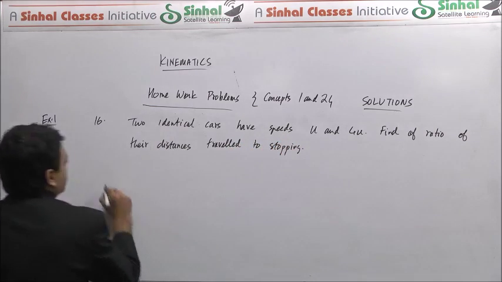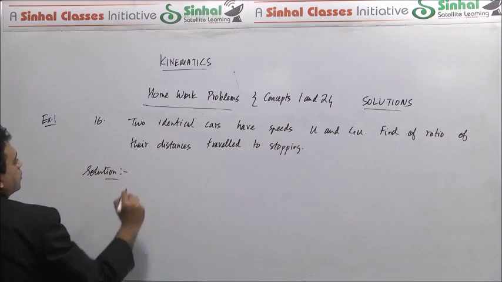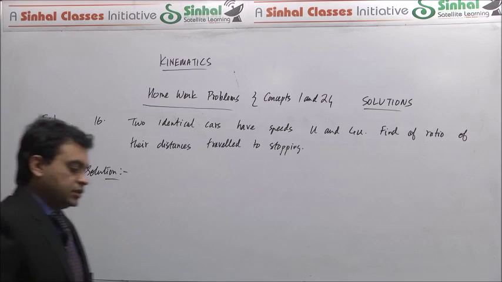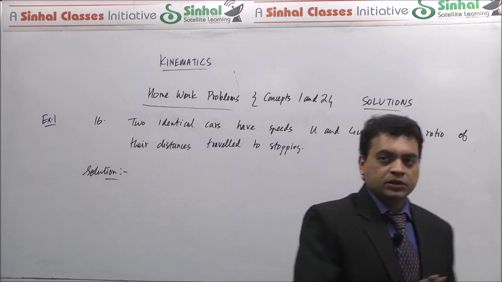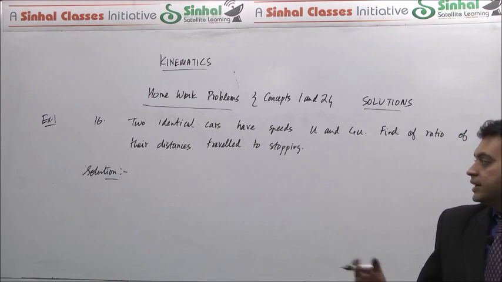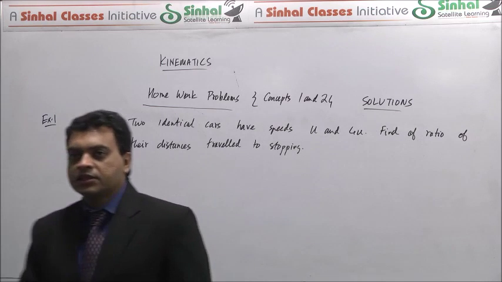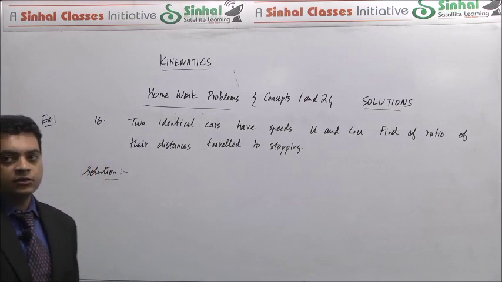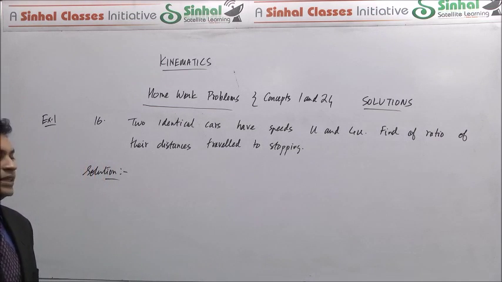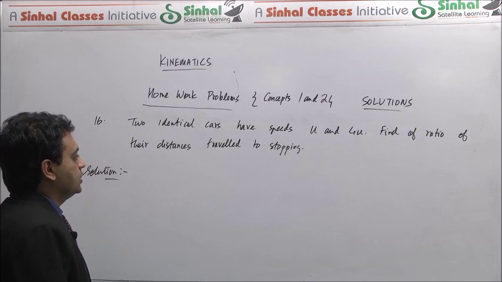Okay, so let's understand this problem. It says that one particular car has a speed u at a certain time, and from that time onwards it starts braking, so it travels a certain distance before it stops. The second one is traveling at a comparative speed of 4u, and it brakes and it has to stop in a certain different distance. Now the cars are identical, so when they brake, their rate of deceleration will be same. So from that information we have to find the ratio of the distances traveled.